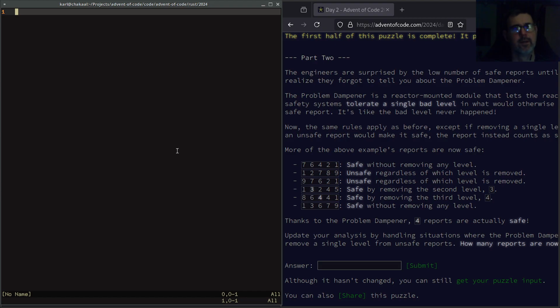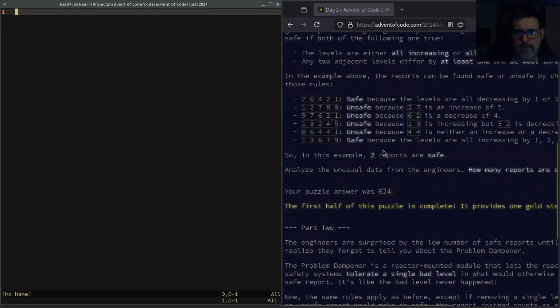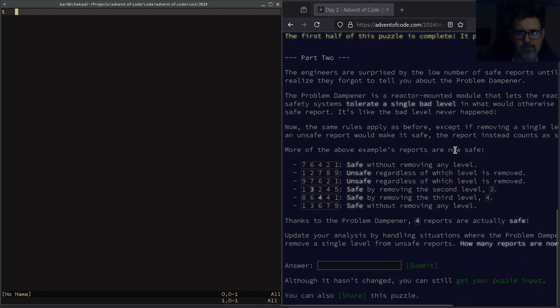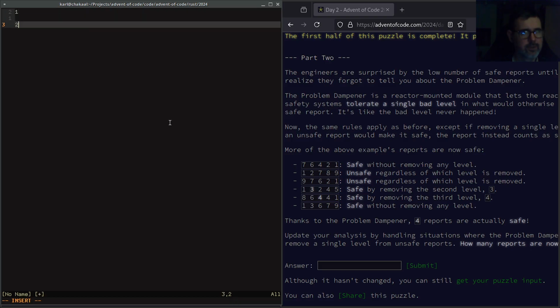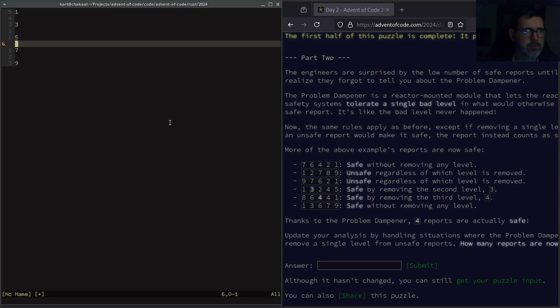So we're doing the problem where we did part 1. We have these reports from the nuclear reactor, the fusion/fission reactor, and what we are looking for is basically a series of increasing or decreasing reports.